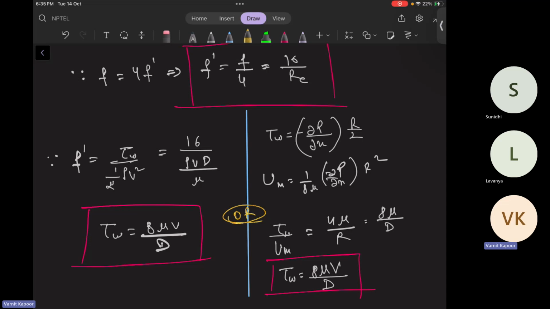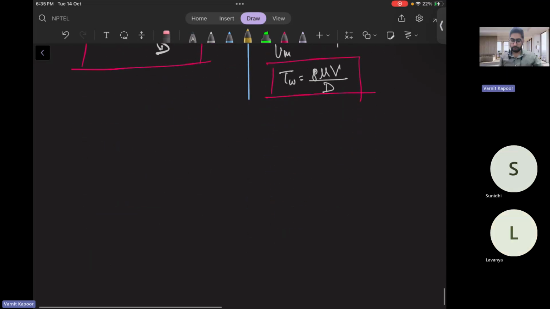Okay, let's come back to the concept of plane Poiseuille, that is for the plates.